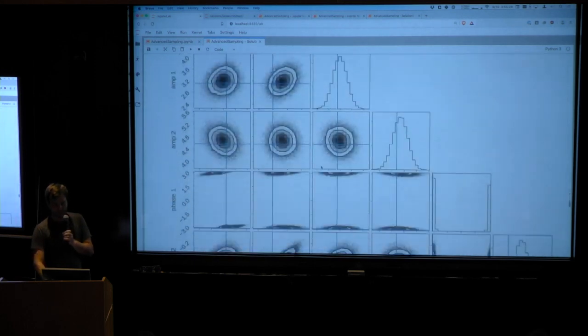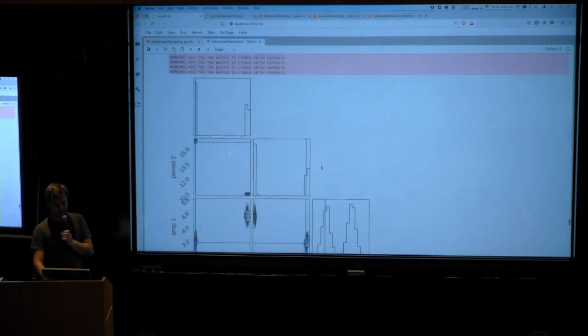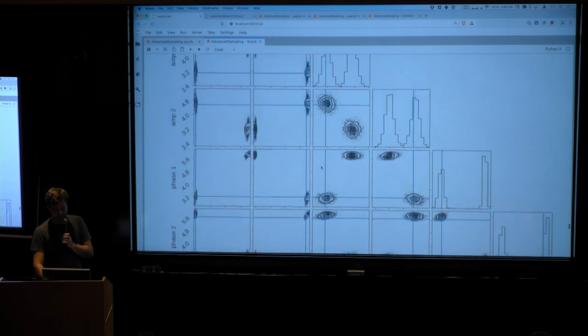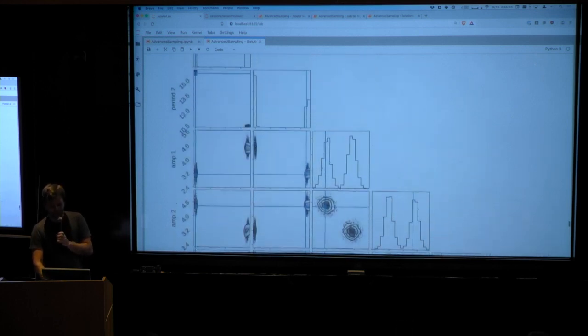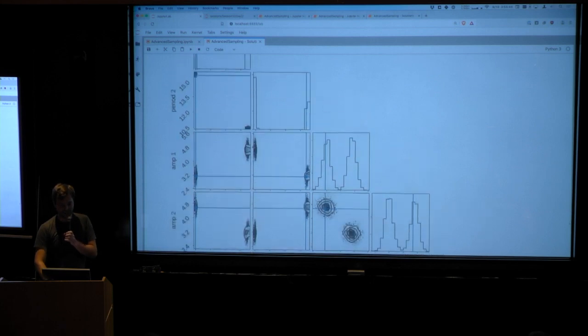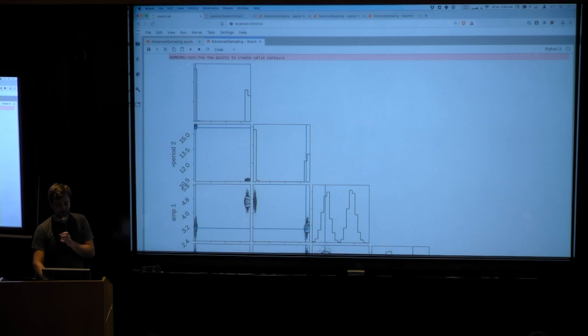If you run this model with Dynasty, these are what your posteriors look like, which sometimes would be scary, but in this particular case, it's exactly right. You see that there are these 2 modes. These are the 2 periods, period 1 and period 2, and you can see that it's fitting both of them, but it's also fitting for the label swapping degeneracy.